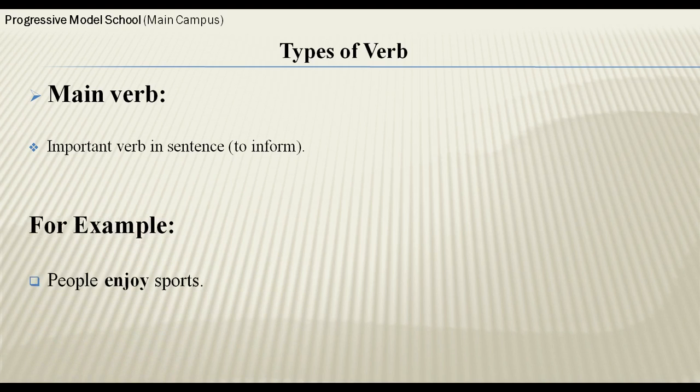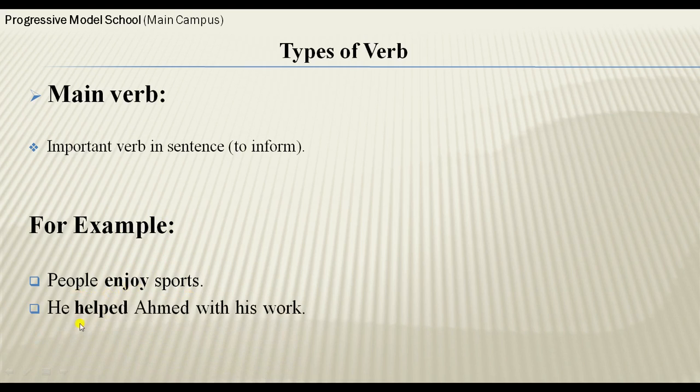People enjoy sports. Here, enjoy is the main verb. For example, if we don't write the word enjoy in a sentence, then our sentence will become people sports. It won't make any sense. So by writing the word enjoy, we are giving the information about the people, that people enjoy sports. So enjoy is a main verb.